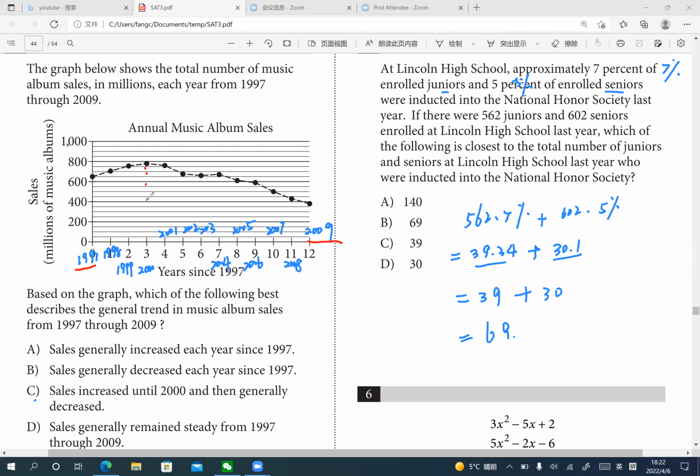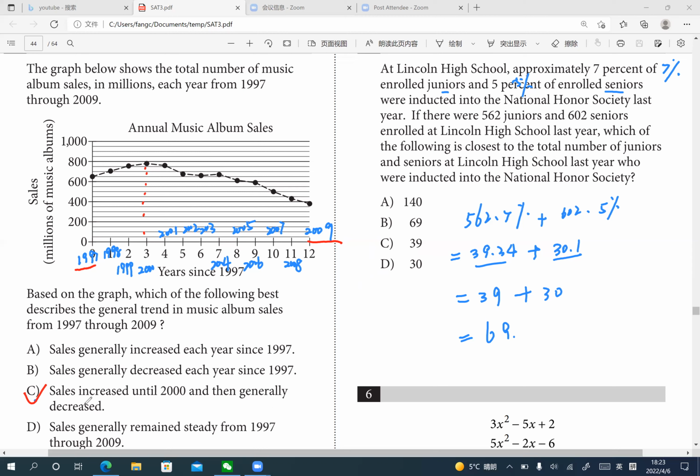So from the graph, we can tell the sales increase from 1997 to 2000, then generally reduce from 2000 to 2009. So we should choose option C: sales increased until 2000 and then generally decreased.